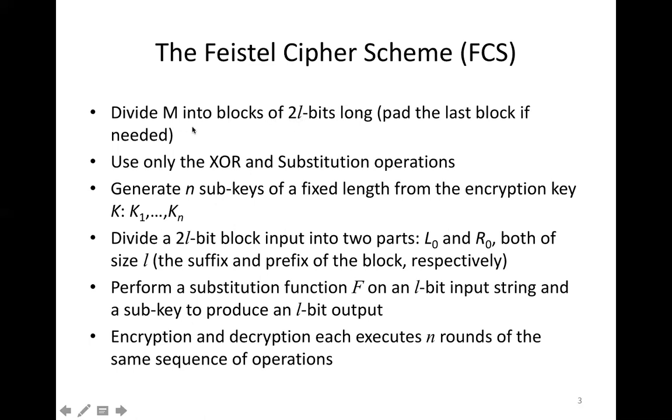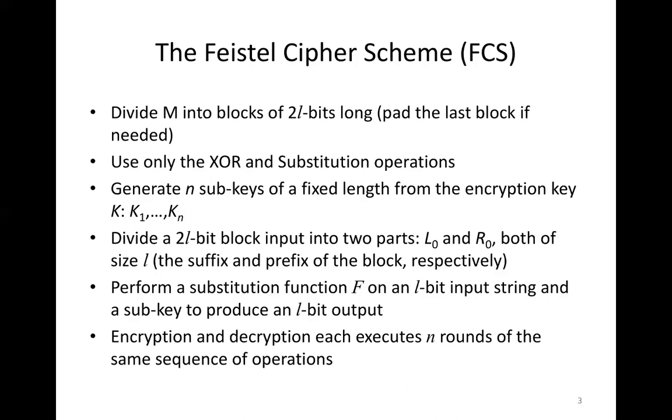So we divide your input string M into blocks such that each block is 2 times L bits long. This L, depending on the implementation you use, could be like 32, 48, that kind of thing. If the last block of your string M doesn't have 2L bits, then you can pad the last block when needed.